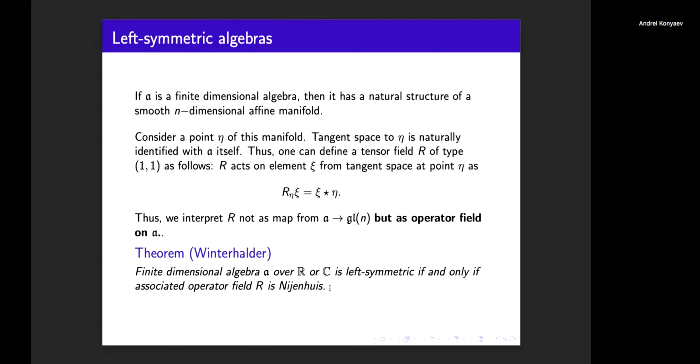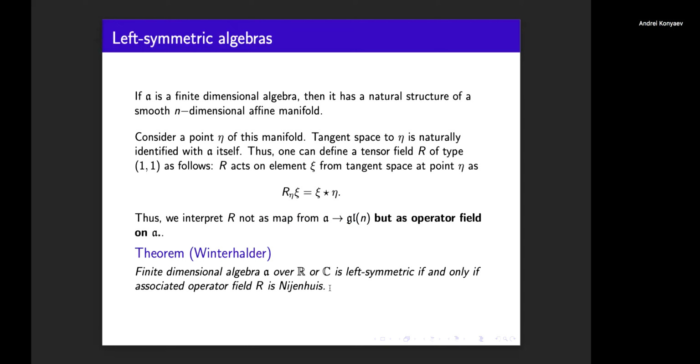Let A be a finite dimensional algebra, which means its dimension is not infinite. Then we know that it has a natural structure of an affine manifold. It's true because we deal with algebras over the field of real or complex numbers. In general an algebra does not necessarily carry an affine structure, but in our case it does, because we can take an affine space with the associated vector space being our algebra, and this automatically defines a collection of points.